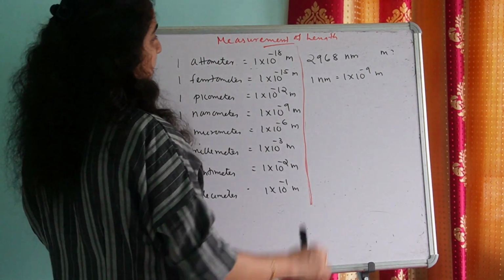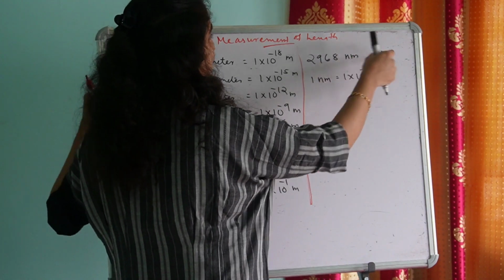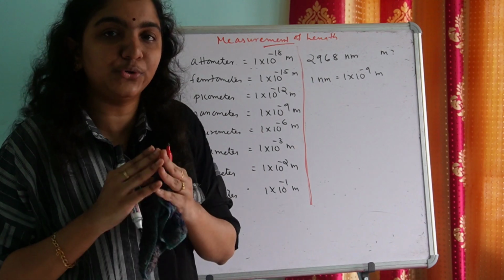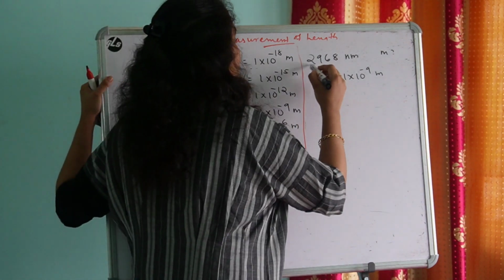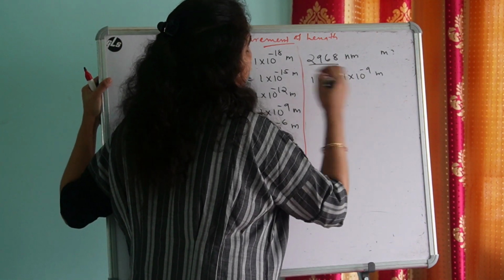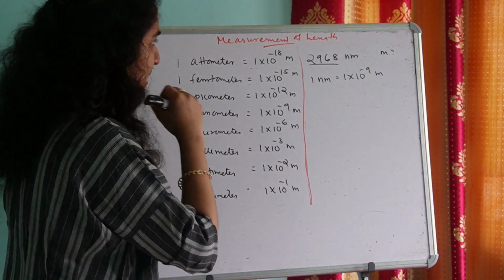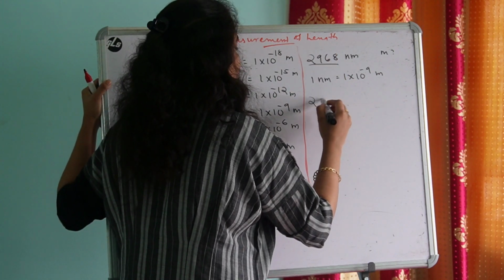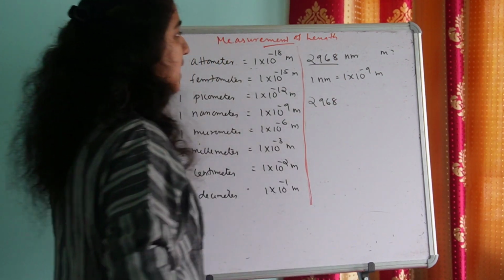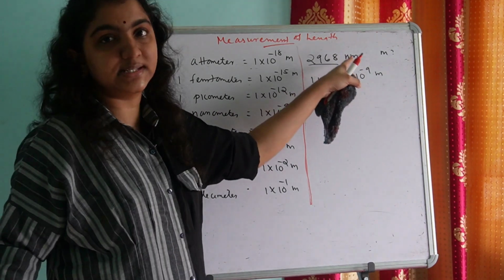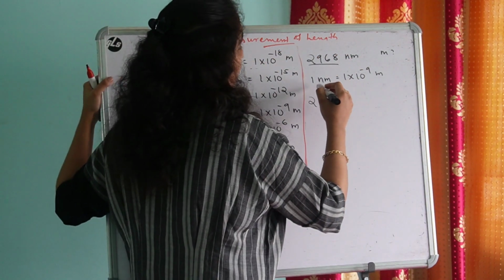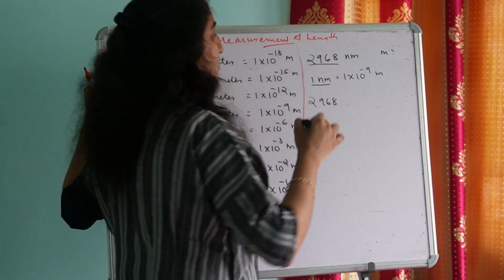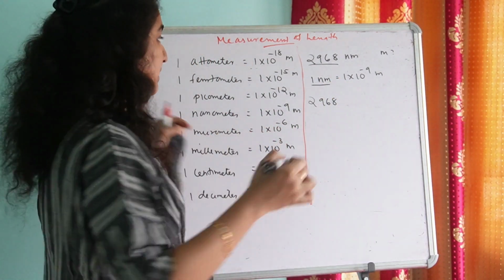Now the value is given in nanometer and you are asked to find it in meter. So what you have to do is simply multiply the given number 2968 by the value that 1 nanometer, or any unit, is equal to.